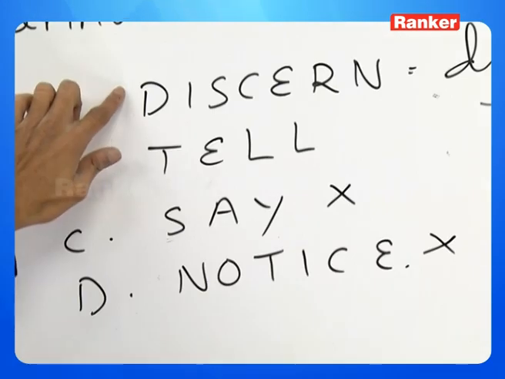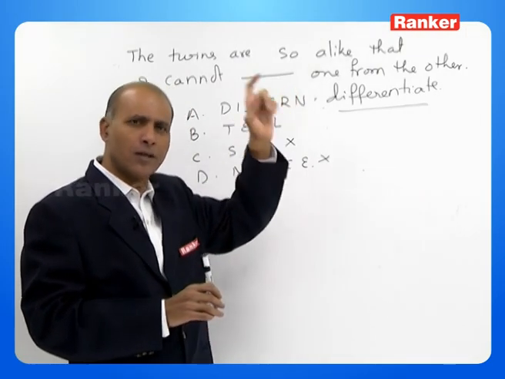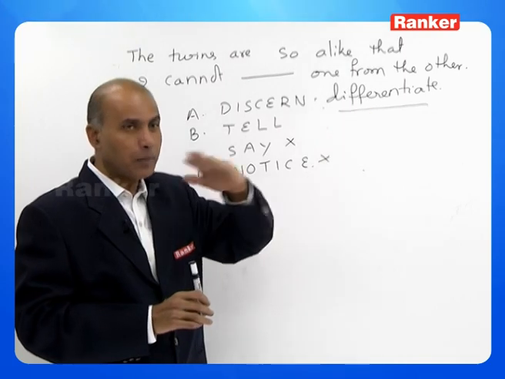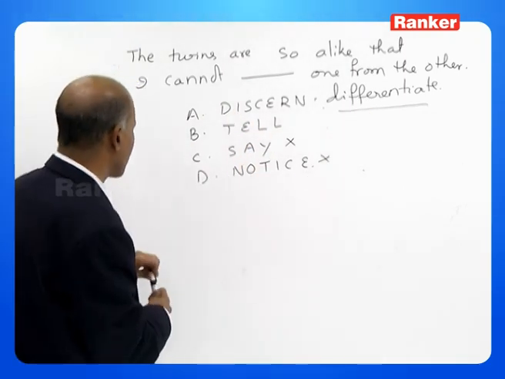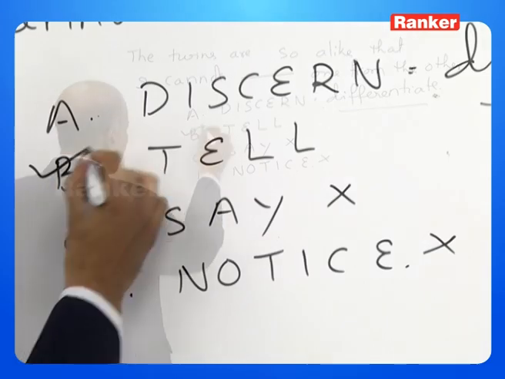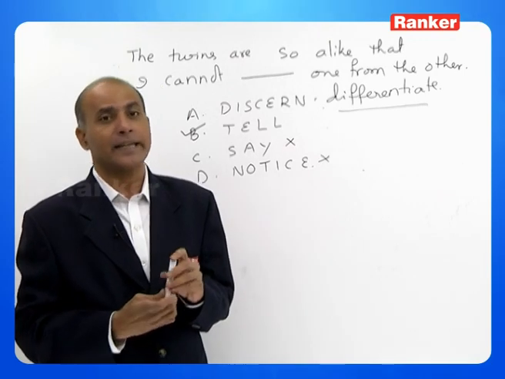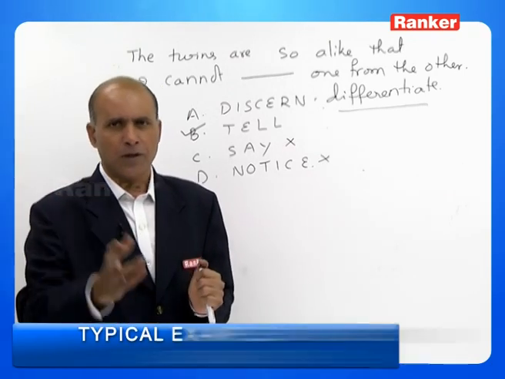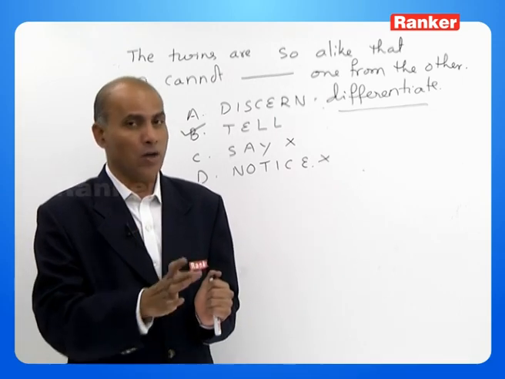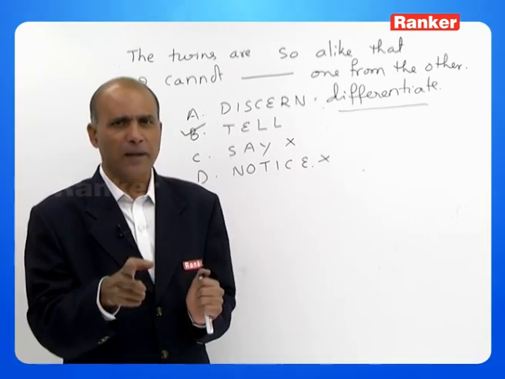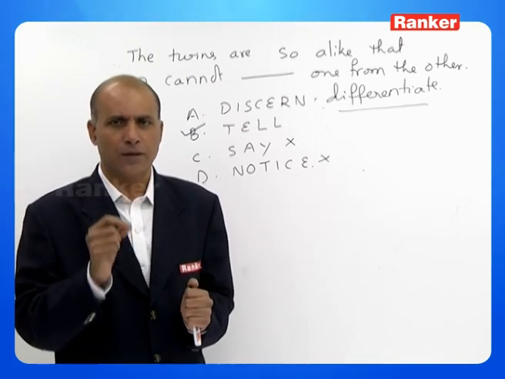While discern seems very 99.9% close to the meaning, because of the way people speak, the word tell is correct. The twins are so alike that I cannot tell one from the other is a correct idiomatic expression. So the correct answer is B. A is not wrong, but within A and B, B is more correct. So that's the way you have to select the option.